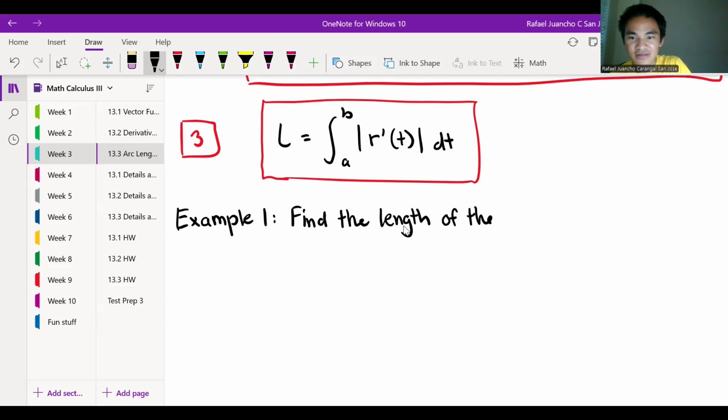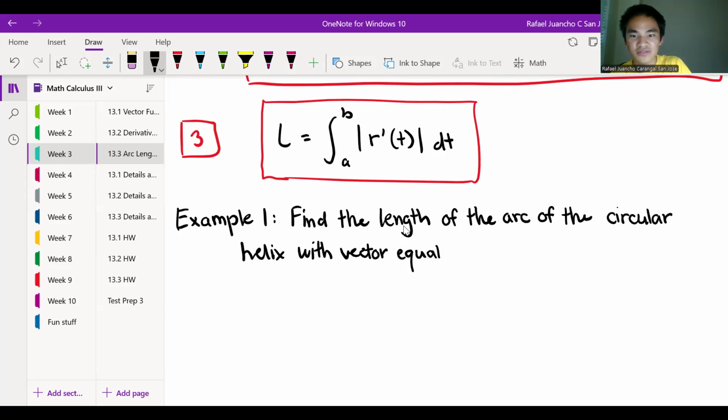The length of the arc of the circular helix. We did talk about helix before with vector equation.